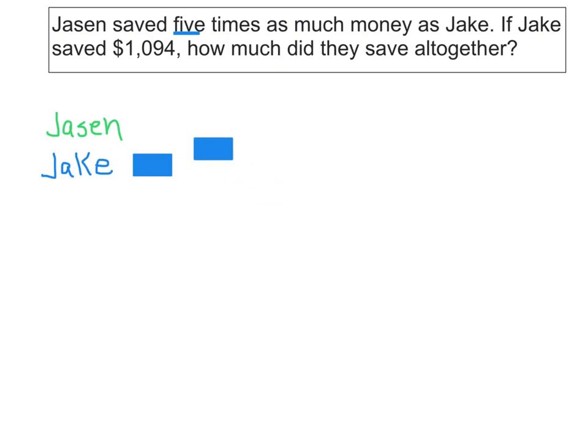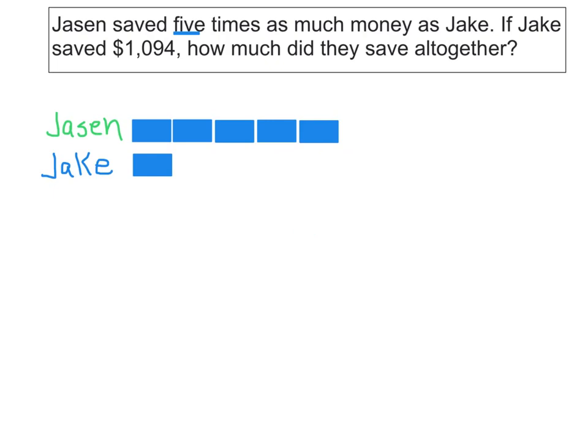So that's 1, 2, 3, 4, 5. So I'm now showing that Jason has 5 times as much as Jake.